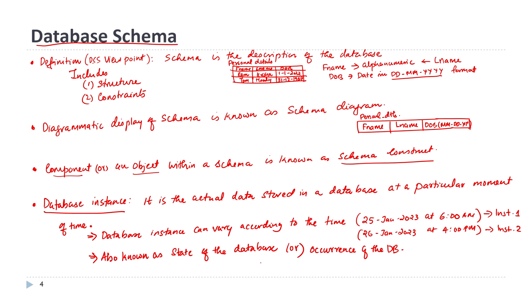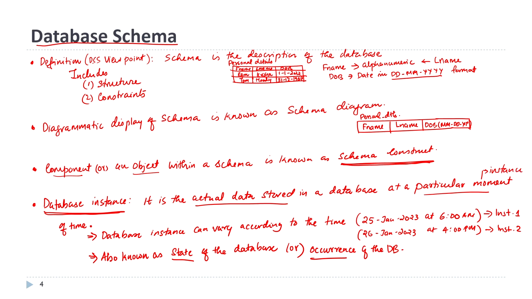So, whether somebody says state of the database or occurrence of the database, they are all talking about a database instance. The schema construct is a specific component of the schema, whereas the database instance is the whole collection, the entire data that is stored in the database at a given moment or instance of time. That is what it is.